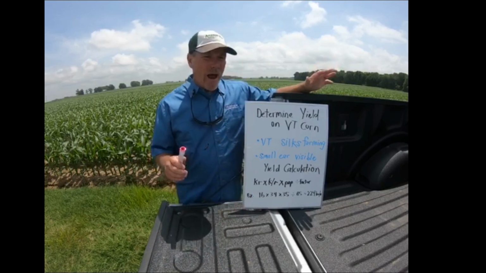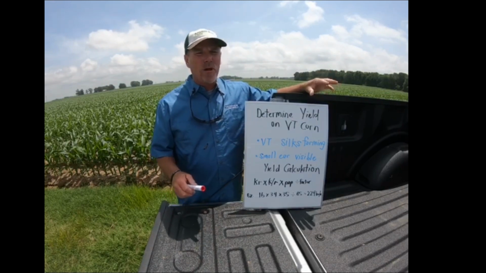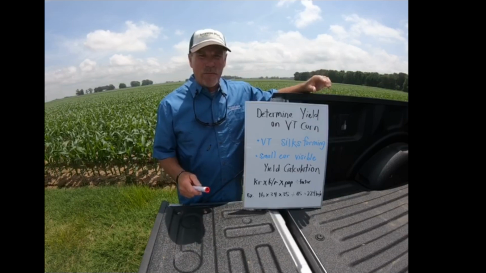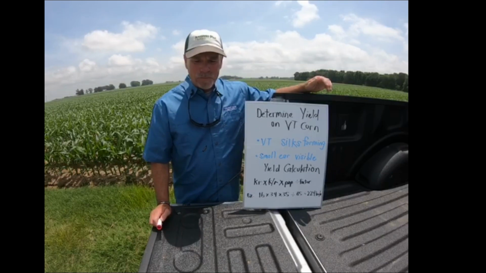If we're talking about average corn that's been irrigated, or dryland corn that's been well taken care of, gotten timely rains, and has decent kernel depth or seed fill, this is where I use 85.